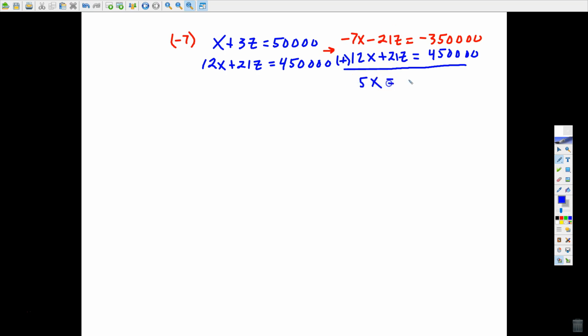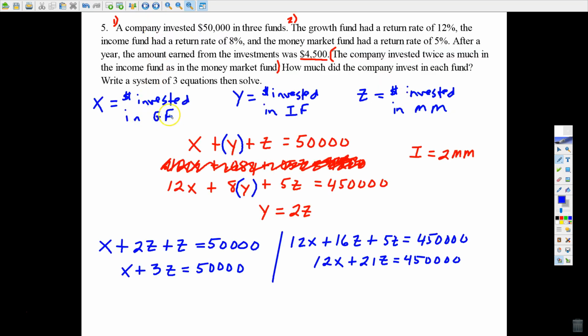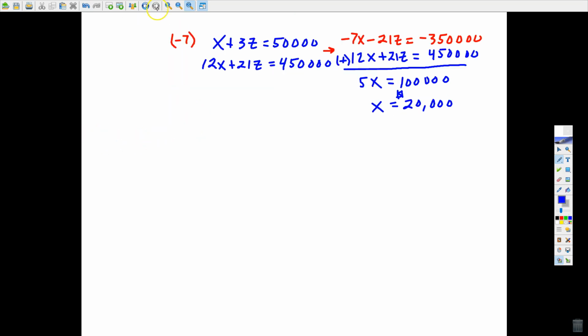The Z's eliminate, and this is going to be 100,000. So when I solve for X, I get 20,000. Okay, and going back to the way we set up our variables, X represents the amount invested in the growth fund, so I have that answer. I'm just going to write $20,000 was invested in the growth fund.